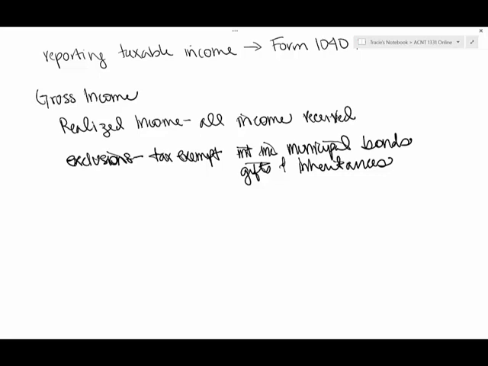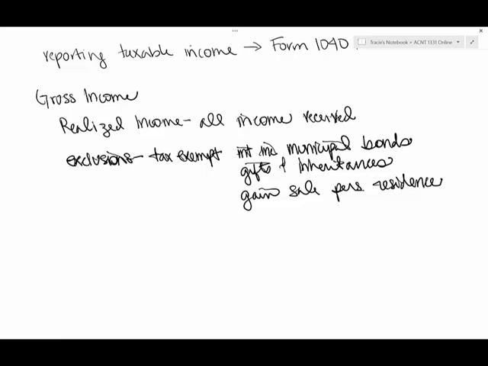And then it could include the gain on the sale of a personal residence. Most of that gain is also excluded. So all income is realized income unless the income is excluded from the IRS, and that income that's excluded is considered to be tax exempt.